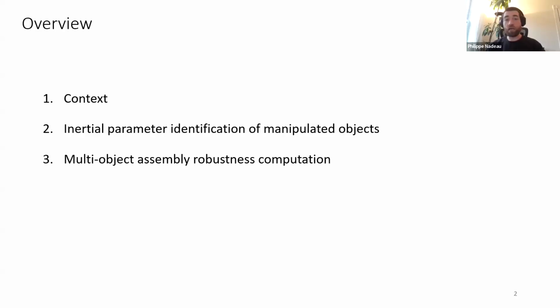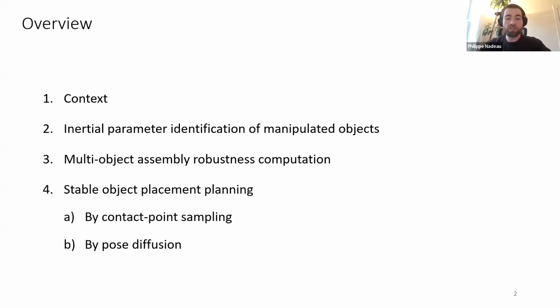This capability will allow robots to compute the robustness of multi-object assemblies. So we'll see what robustness is and how it can serve as the basis for decision-making algorithms. We will cover two methods that use robustness to decide how to place an object in a stable manner in a given scene. And while the first method is purely geometric, the second relies on machine learning. So that's the plan for today.